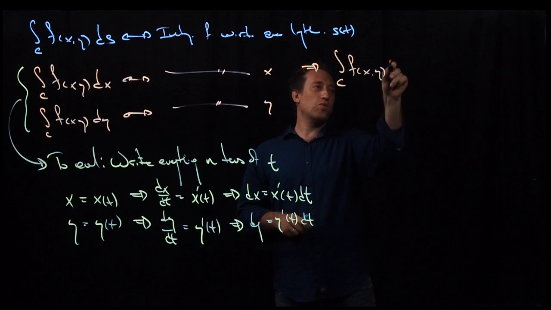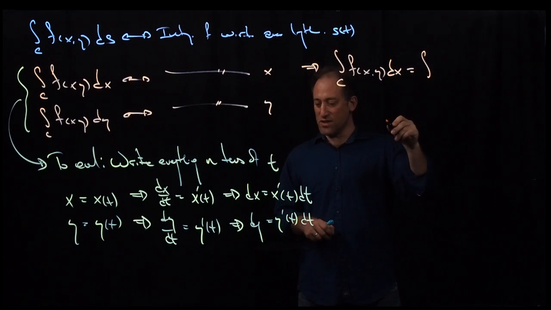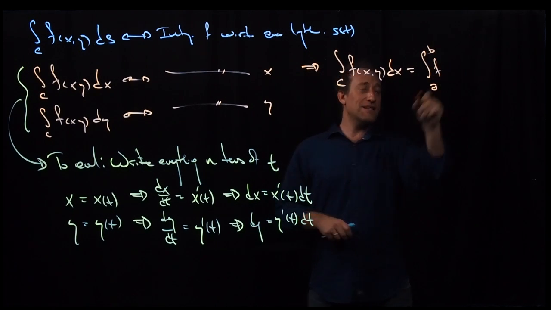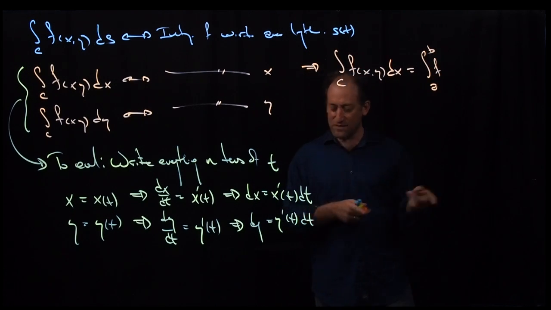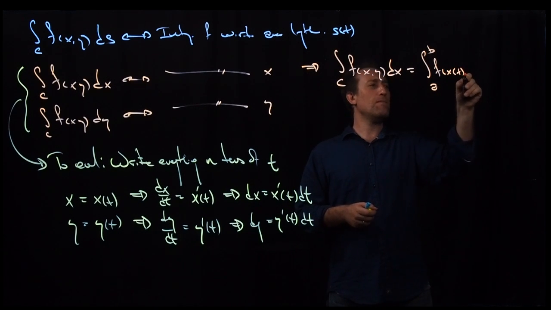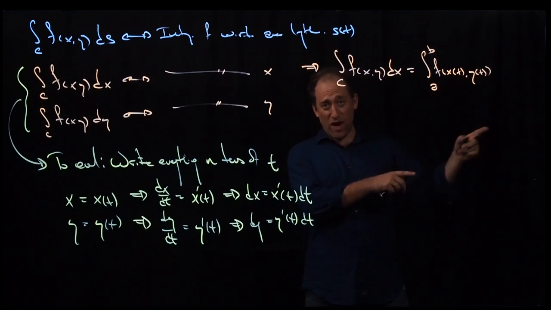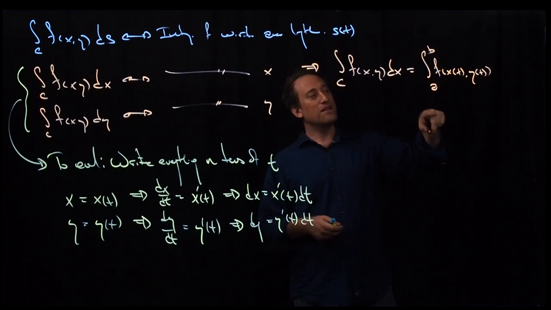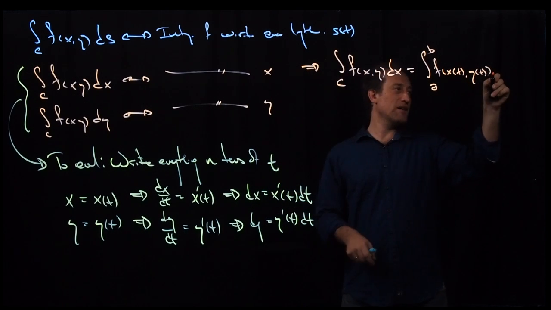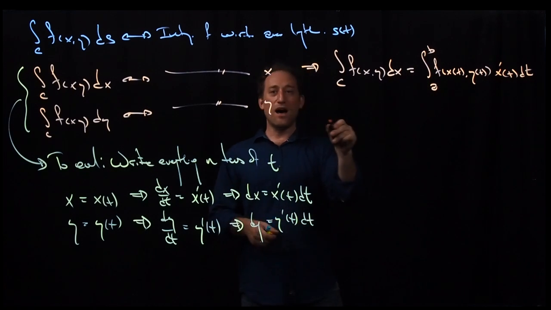Specifically, I get that, I'll stick here, the integral over c of f of xy in the direction of x is again going to be the integral from a to b, and again I'm going to replace x with x of t and y with y of t. So x of t, y of t, but now instead of the square root of the sum of the squares of dx dt and dy dt, I'll have just this guy, x prime of t dt.